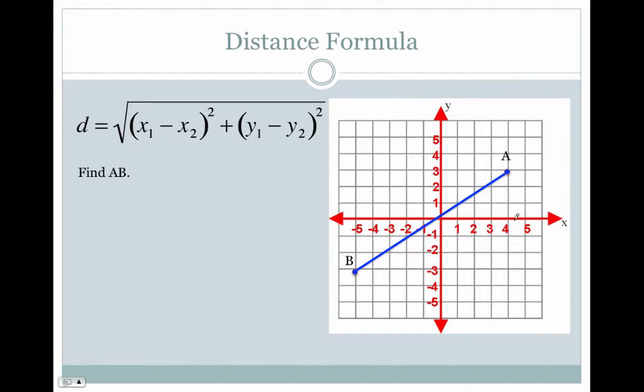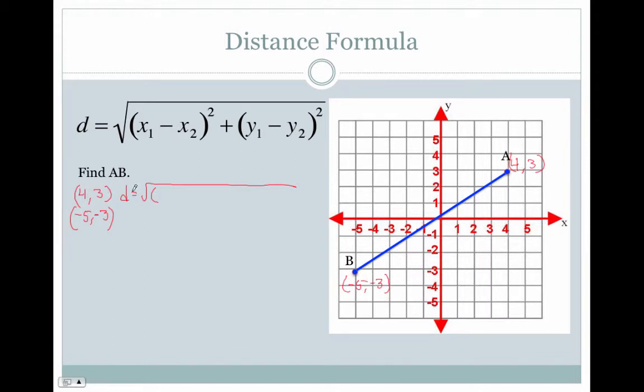So let me find this point. This point is at 4, 3. And this point is at -5, -3. Okay, so my points are 4, 3, and -5, -3. So if I do this big formula here, this is what it's going to look like.